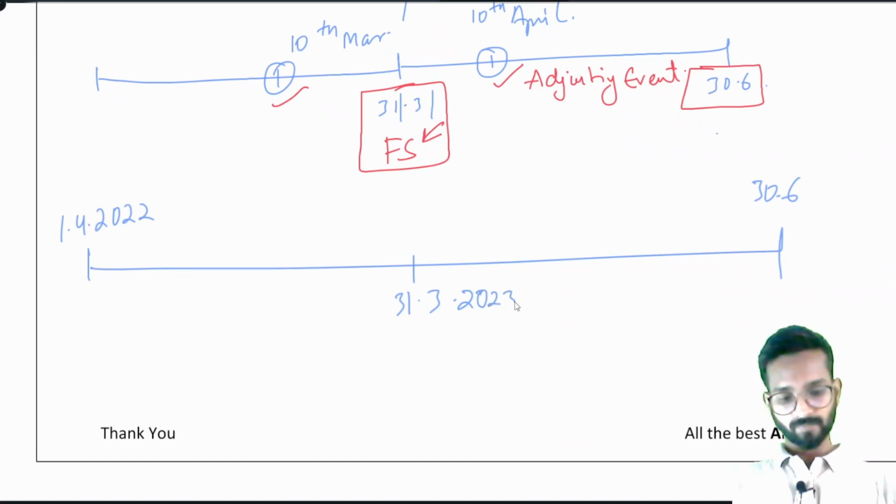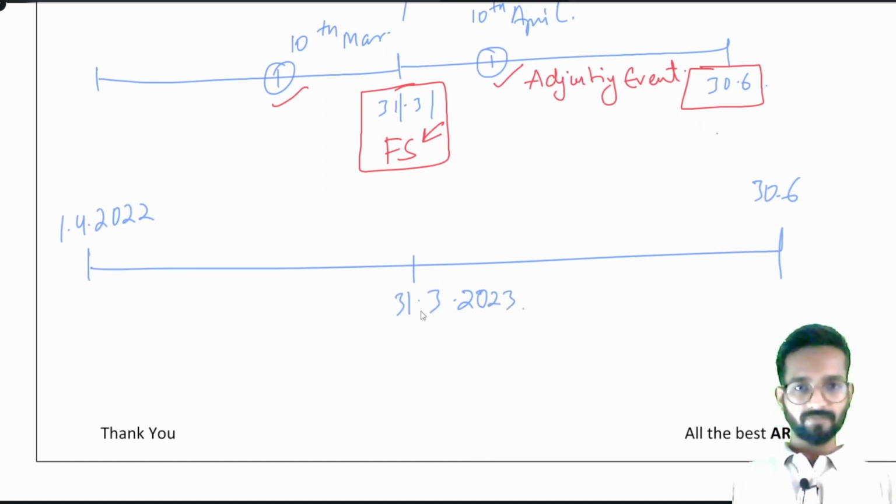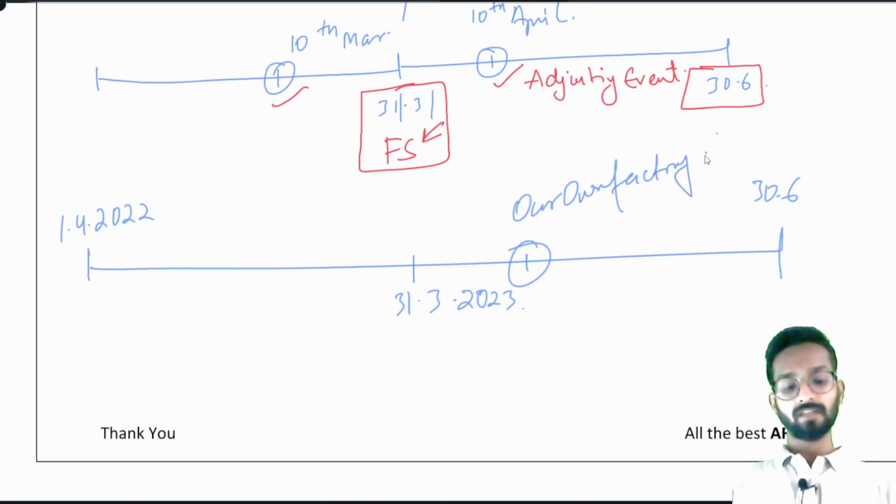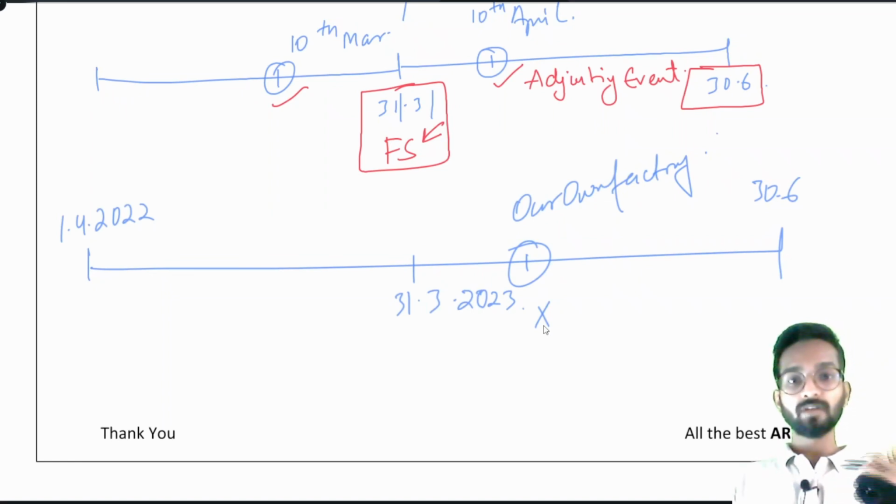Now, suppose after 31st March there is a fire at our own factory. And the fire was so huge in our factory that our going concern got affected. That we don't even know whether we will be able to work in the next year or not, whether our factory will be able to recover or not, because we assume there was no insurance policy for our factory.